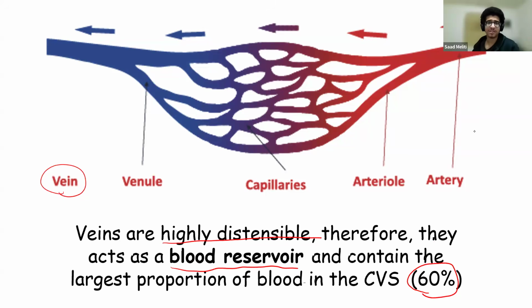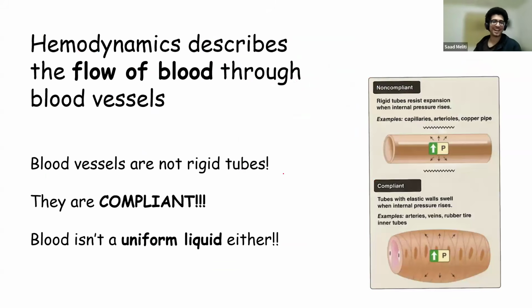So now we're talking about the different vessels in the body. So we're going to move on to the actual lecture. Basically, hemodynamics describes the flow of blood through the blood vessels. A few things you need to know about blood vessels. I don't think this is too important to know, but blood vessels are not rigid tubes.